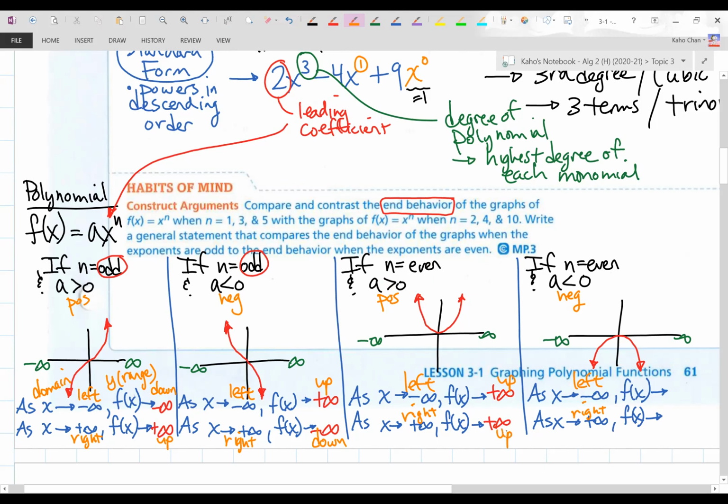Some books call it rising, some books call it falling. Here we can say up or down. We get the idea. And for the last scenario, the end behavior is both falling or going down.